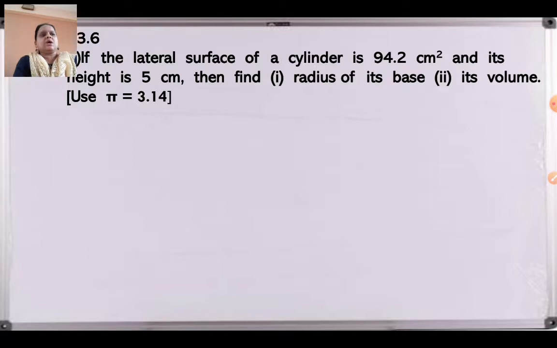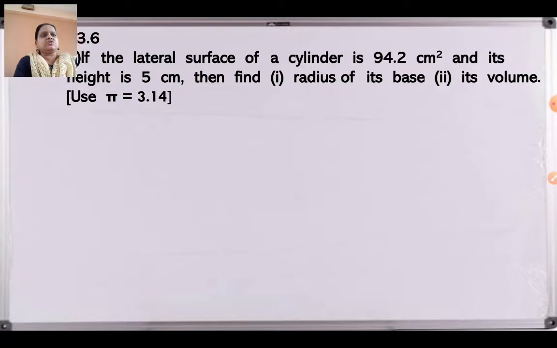As I told you before, if nothing is specified in a question, we use the pi value as 22 by 7. But in this question they have specifically given pi as 3.14, so use the pi value as 3.14.